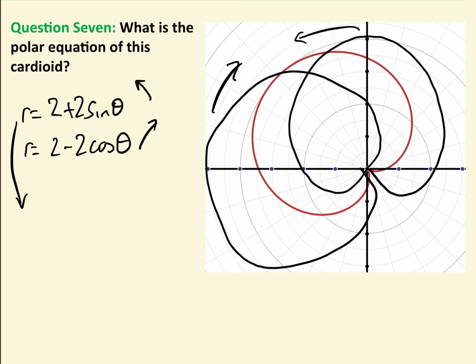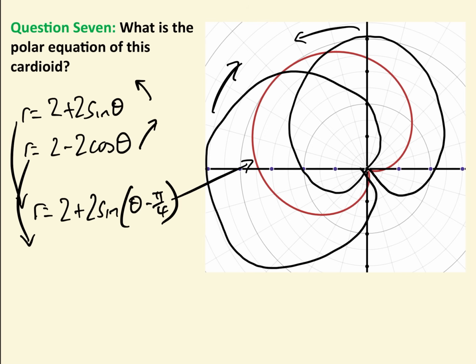So if we adjust this one anti-clockwise, then we have r is equal to 2 add 2 sine theta minus pi over 4. That is the equation of that brown thing because it's been rotated anti-clockwise by pi over 4. And if it was the other one, then it would be r is equal to 2 minus 2 cos theta add pi over 4. And that would basically be this one rotated by pi over 4.